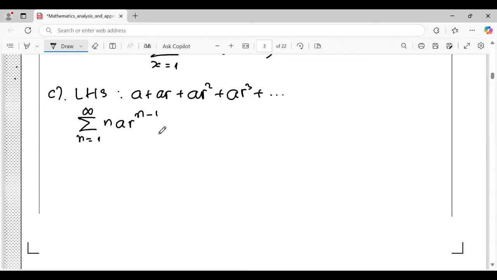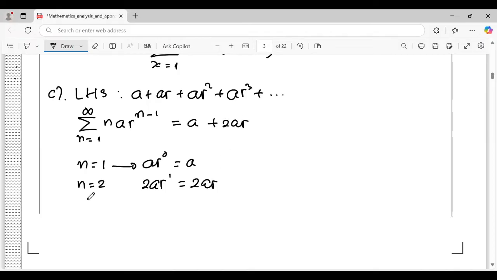Okay. When n equals 1, it becomes 1 times a times r power 0, so a r power 0 is a. When n equals 2, it is 2ar power 1, so it is plus 2ar.